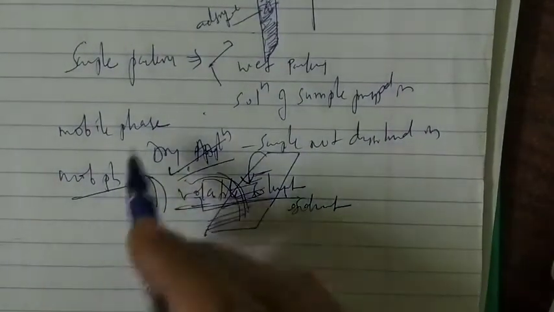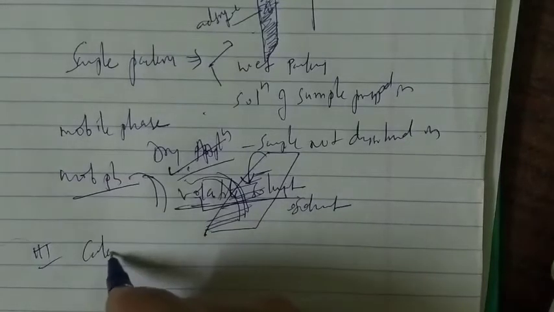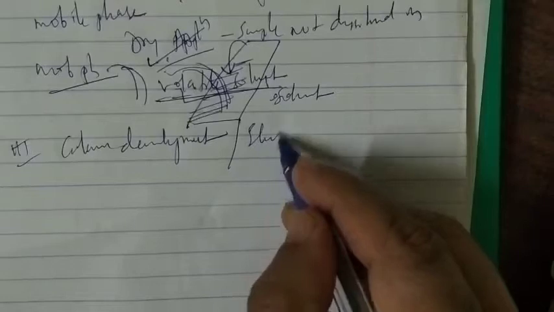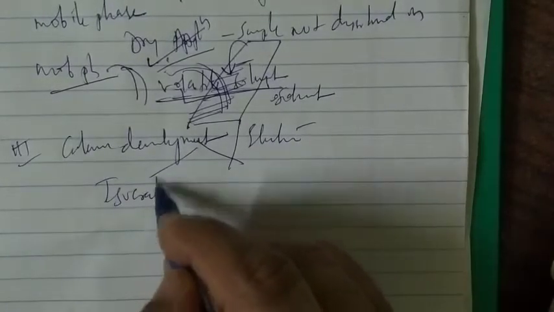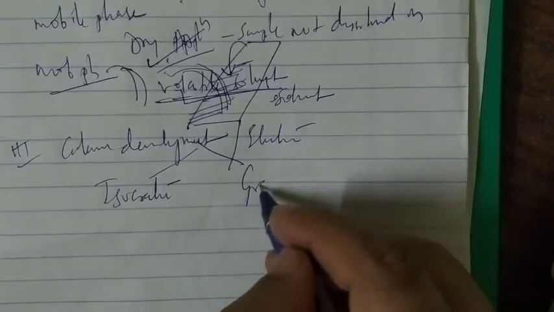So this is what about the second. If you go for the third methodology, that is column development, or elution. In the previous video we had seen two types: isocratic elution, and one more type, gradient. Keep this in mind.